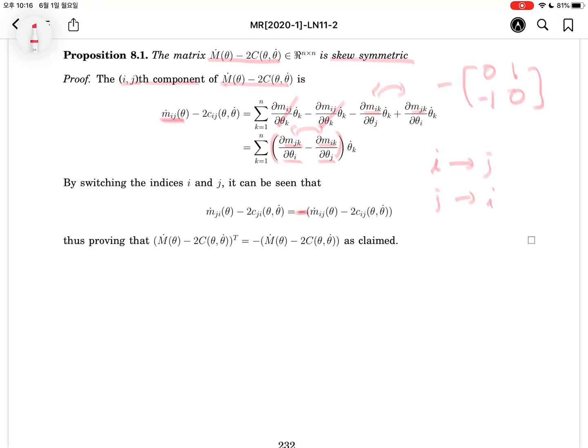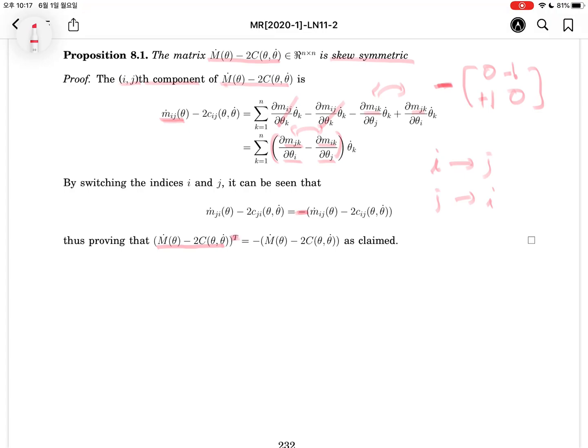It means that if you take the negative, this will be the plus and the minus. So the minus sign is applied like this, and then we have the same matrix. Is it right? So M dot minus 2C must be skew symmetric.